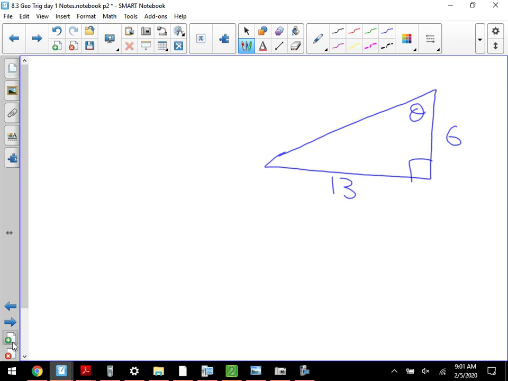We follow through the process just like we have been. Circle, draw a label, label, label, which trig. By now that's pretty much ingrained in our brains. Circle, opposite, hypotenuse, adjacent.